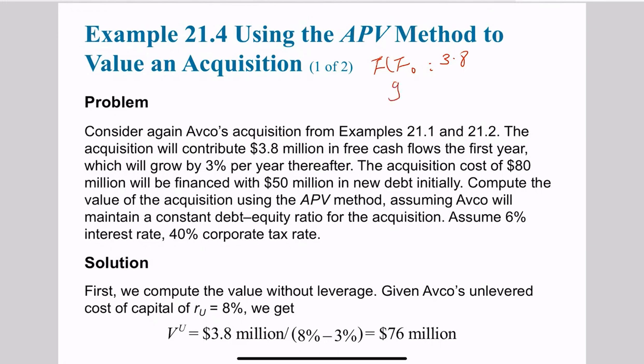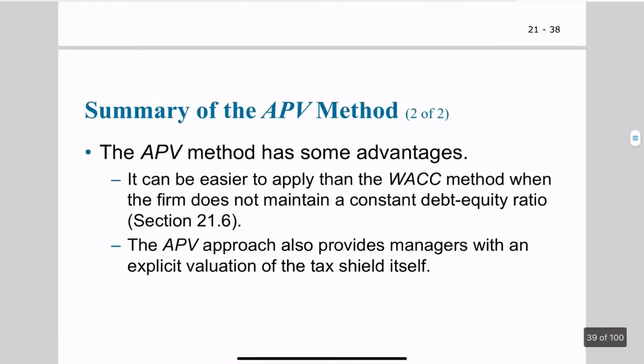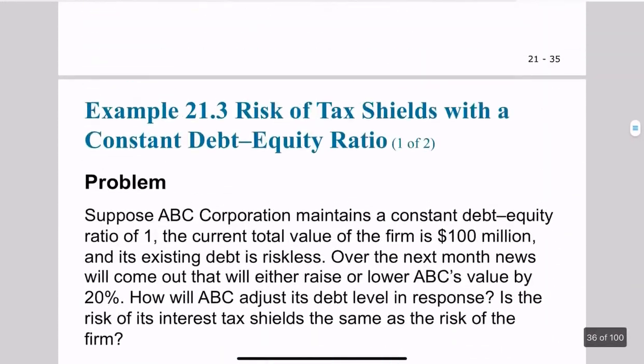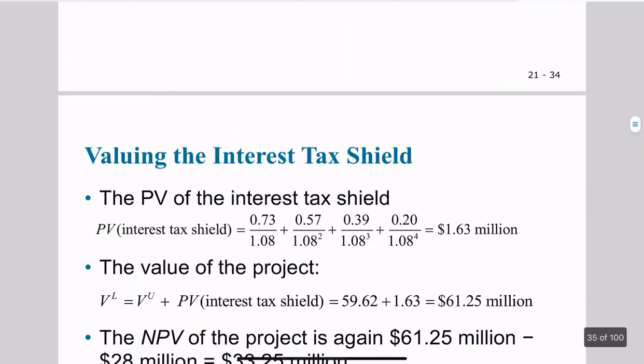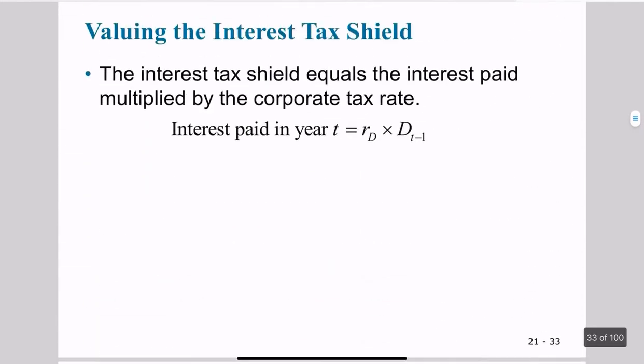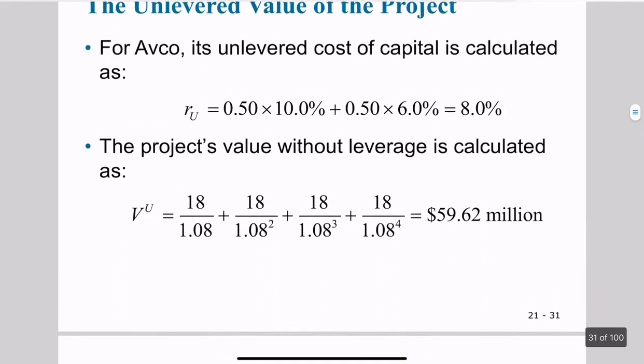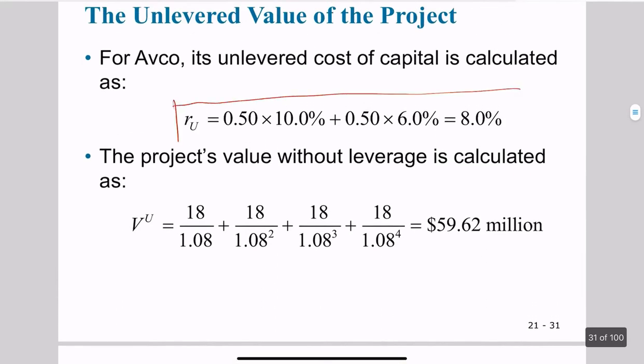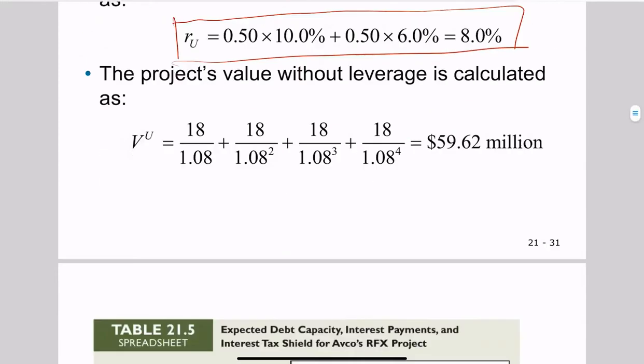And then we have this growth rate, which is 3%. So the only number we need is the unlevered cost of capital. And we have actually calculated this number. So let me show you where it is. So this is the unlevered cost of capital for this firm, 8%.